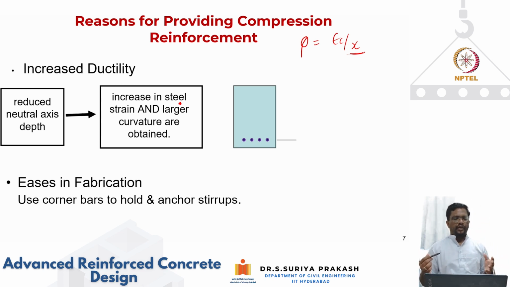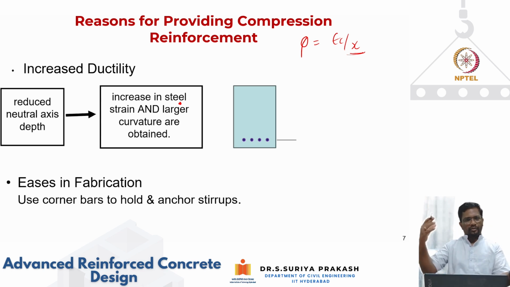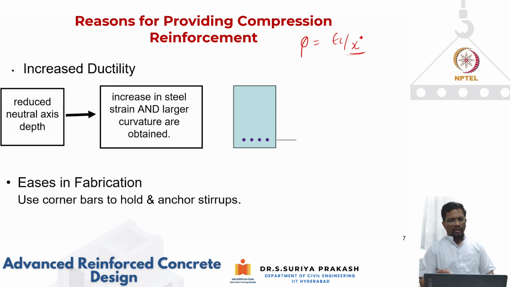So by putting compression steel, you get a lesser neutral axis depth for any level of strain. If I compare the same section with and without compression steel, keeping the same amount of tension steel, I would need a lesser neutral axis depth x to satisfy force equilibrium. That means you're going to get more strain on the tension steel, and your curvature is also going to increase.